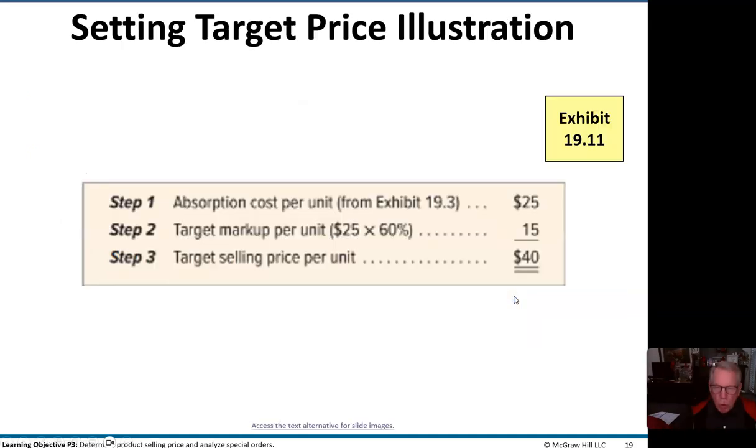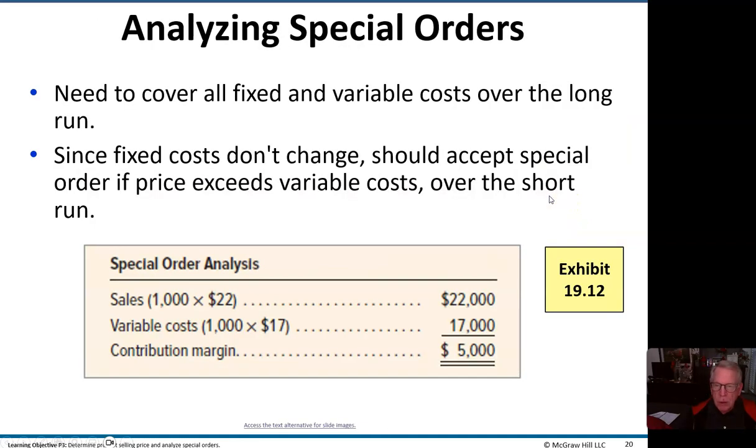You'll remember that our cost would be $25 per unit. So here we're dropping that down to $17 per unit and accepting a sales price of $22 per unit. Now, $22 per unit is less than the full absorption costing of $25 per unit, but we would still make $5,000 on this deal, and so we should accept the deal if there's capacity and we don't think that it will affect our normal orders.